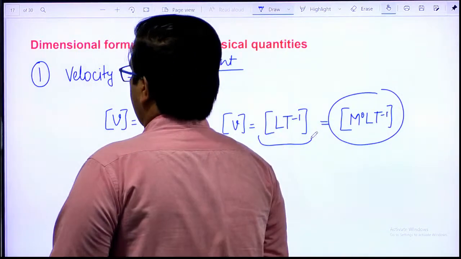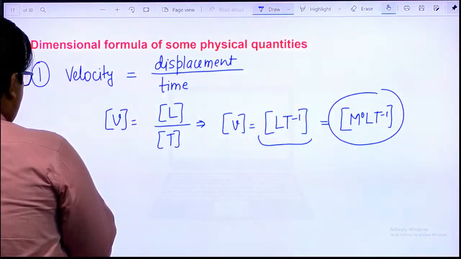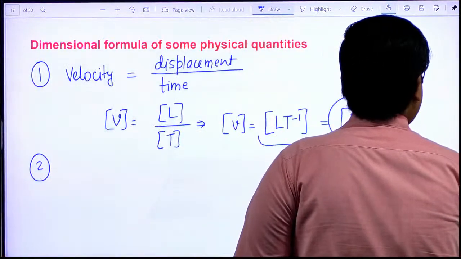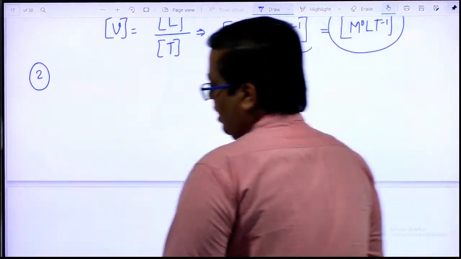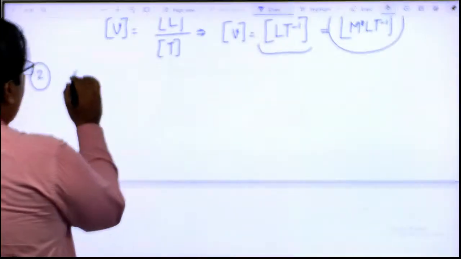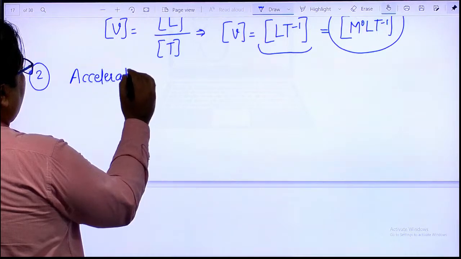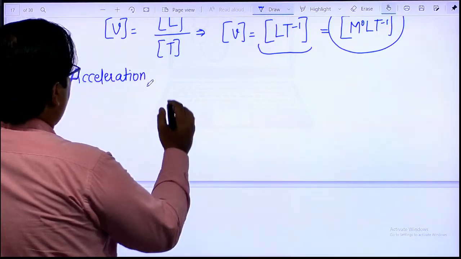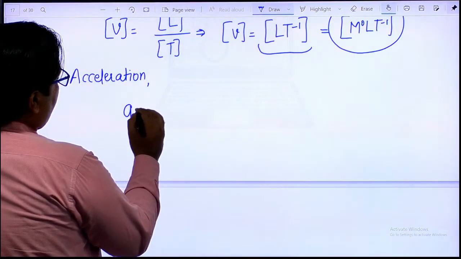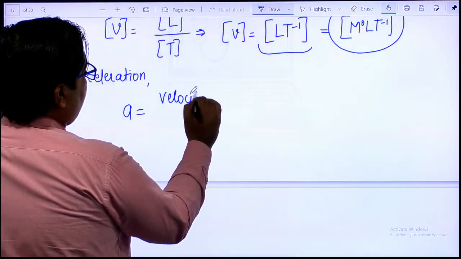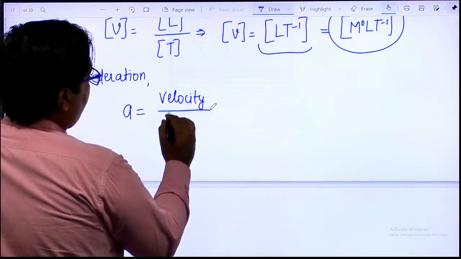Let's see another one: acceleration. Let's derive it. Acceleration A is written as velocity by time.